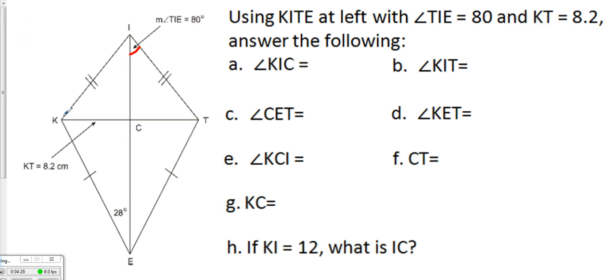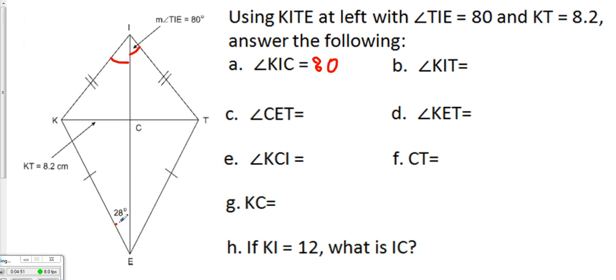So angle KIC, this one, K to I to C. Remember the main diagonal here, from I to E, will cut the two angles exactly in half, or bisect the angles that it goes through. So this one needs to be the same as this one, meaning KIC is 80.